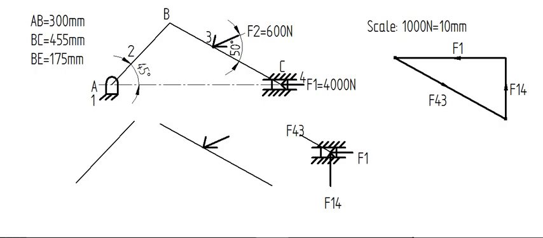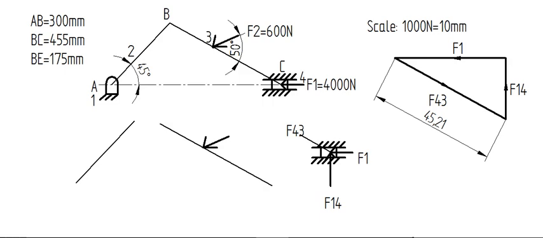So here if I measure this, I get around 45.21 mm, so I have taken a suitable scale, that is 10 mm is 1000 newtons. So if you take the suitable scale you get around 4521 newtons.